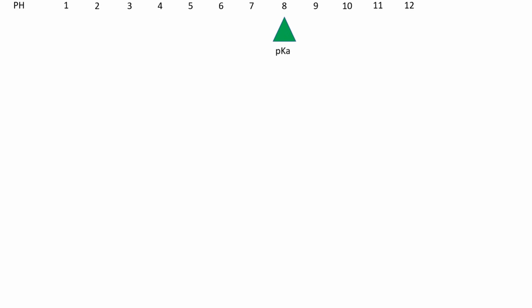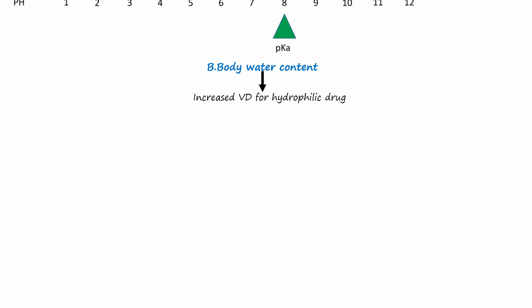Drugs are distributed throughout the body fluid, so a larger body water content typically results in larger volume of distribution for hydrophilic or water-soluble drugs. Several factors influence the body's water content, which can affect how drugs are distributed. In dehydrated patients, the lower water content causes drug levels to become more concentrated in the blood.